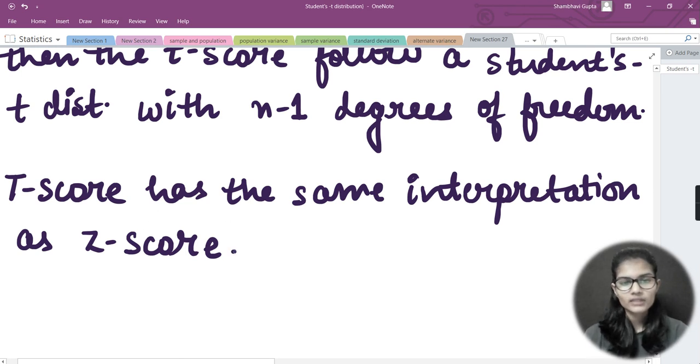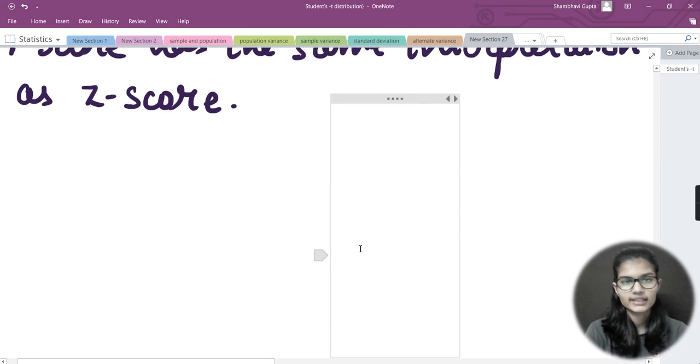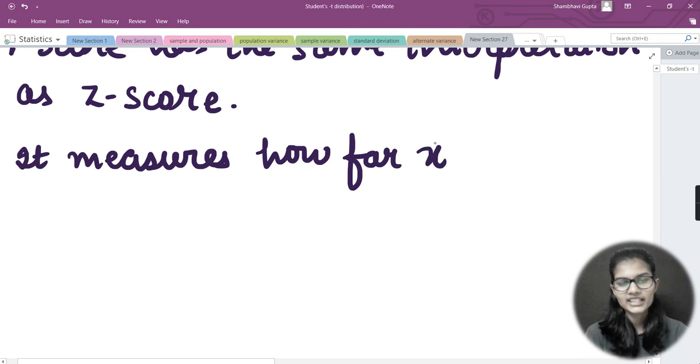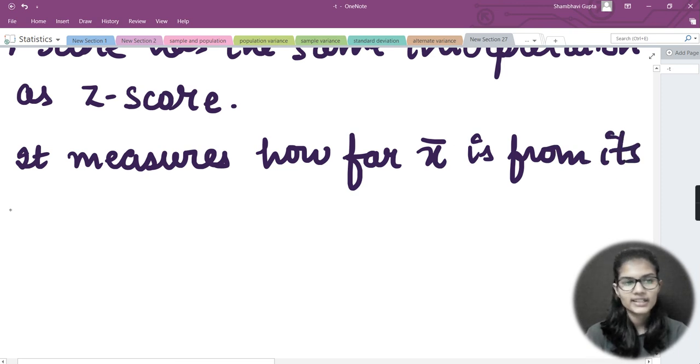Now the second thing that comes here, let me go down so that I can write the next thing. The next thing is what it measures. It measures how far x bar is from its mean mu.